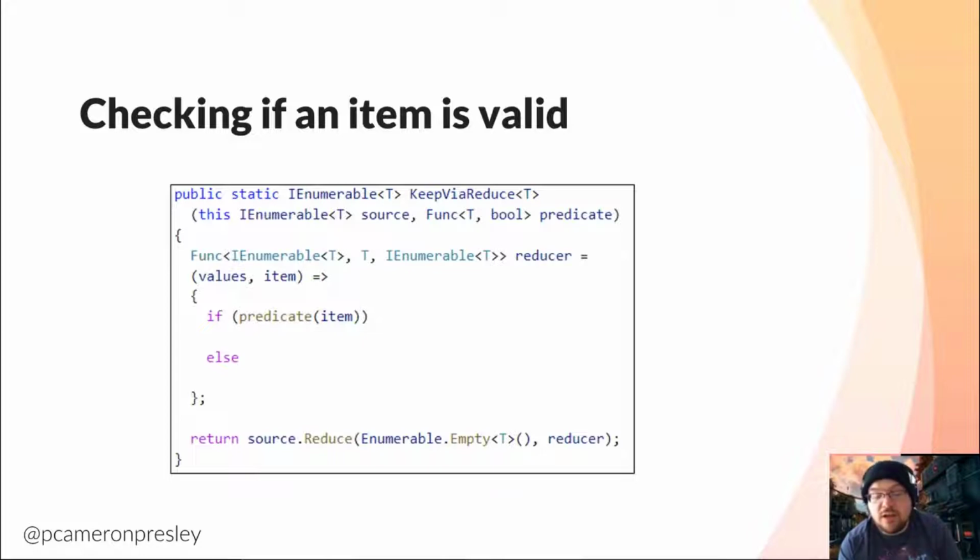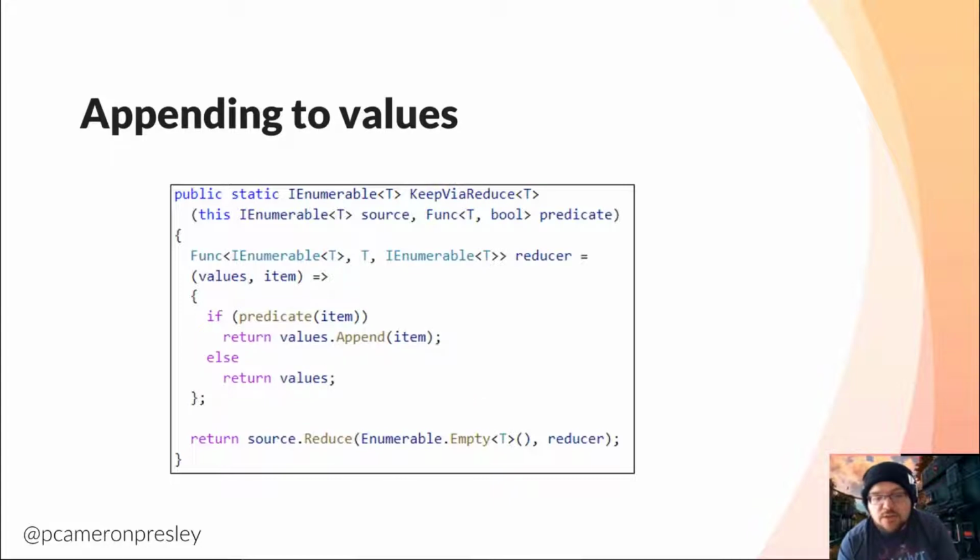Otherwise, because that's important, we still have to return back some IEnumerable if the predicate's not met. So, here we go. We've added that code section. And we're actually just going to use append. So if the item passes the predicate, cool, we do values.append. And if it doesn't, no problem. Here's your values back. We didn't make any changes to it.